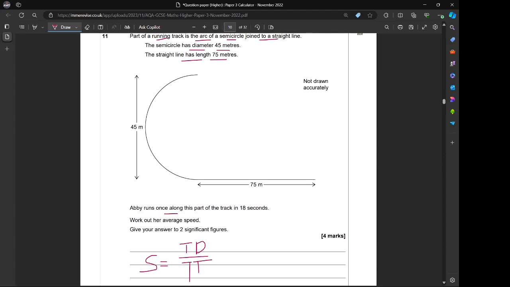So I've got to work out this arc length here. The arc length of a semicircle is the circumference, so it's pi times the diameter, and then divide it by 2, because it's a semicircle. It's a distance of half a circle.